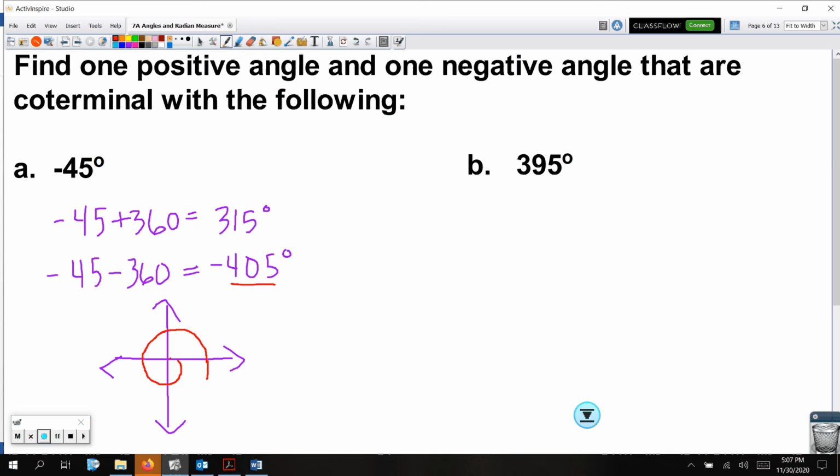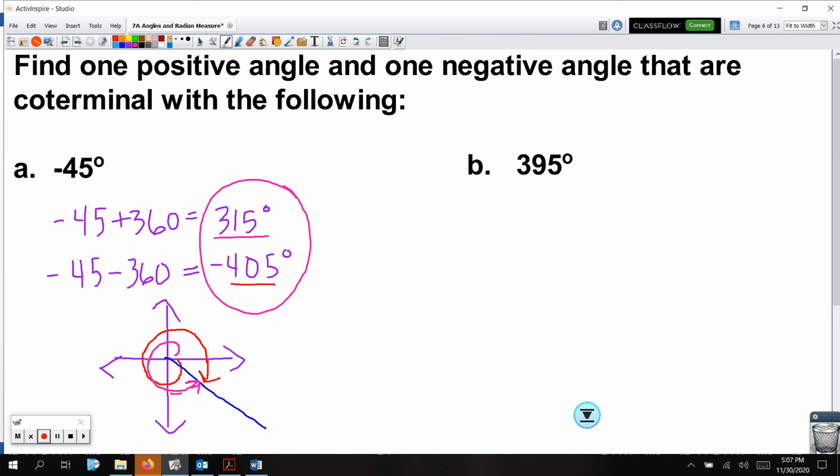Right about there. Let me use pink for 315. It's going to stop at that same place. You see that? That's 315, because here is 180, there's 270, and I need 270 and 45, and that gets me there. All right, so that's my little visual for you. This is what we're doing here. We're finding one positive and one negative just by adding and subtracting multiples of 360.